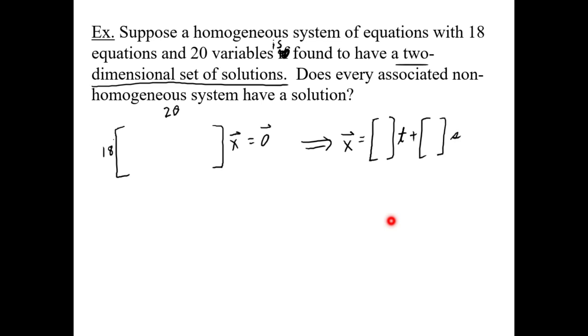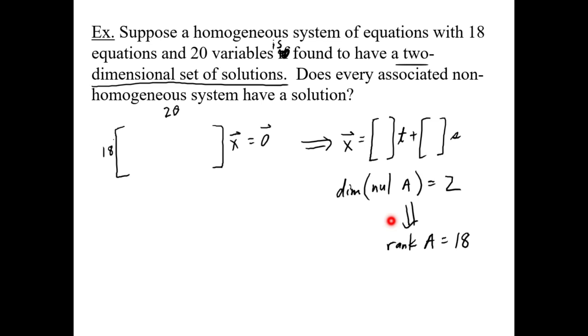And if that's the case, the dimension of the null space is equal to 2. When we found the basis of the null space earlier, that's what we found. And of course, if that's true, then the rank of A is equal to 18, right? 20 minus 2 gives me 18.